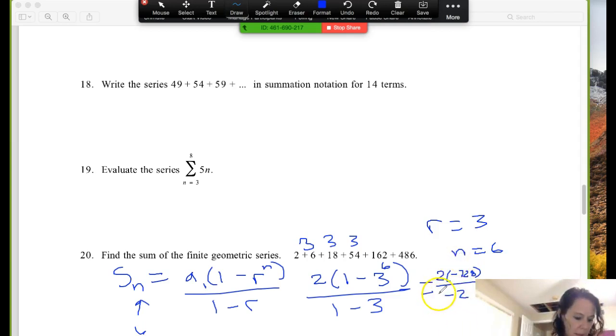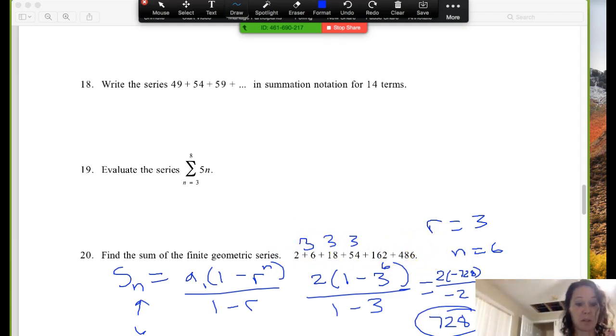So I'm going to multiply that by 2, and then divide it by negative 2. So this total will give me 728. Now add those all up and you should get the same exact answer.